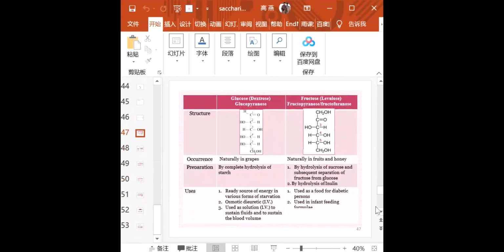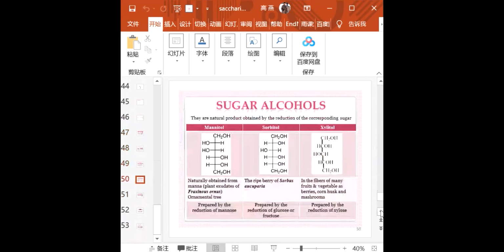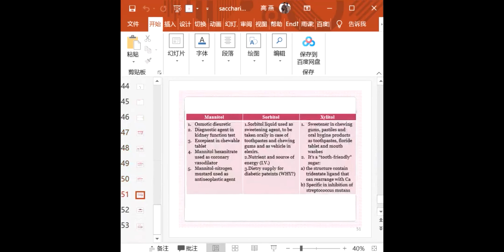Fructose, right? It's the same reason, because the metabolism of sorbitol, again, doesn't involve insulin function, doesn't require insulin participation.